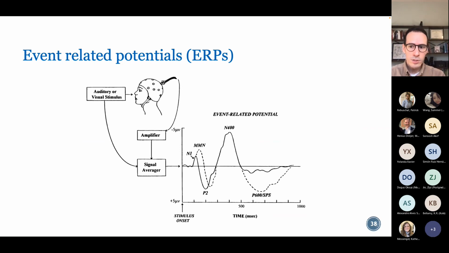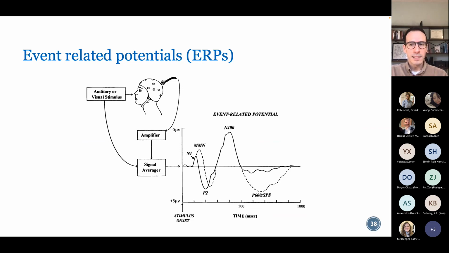So I'm assuming some mixed background of the audience. So I will just very briefly mention, in case for those of you who may be less familiar with ERPs, that in this technique, the continuous EEG signal is recorded as participants are completing a task and, in this case, exposed to linguistic stimuli.